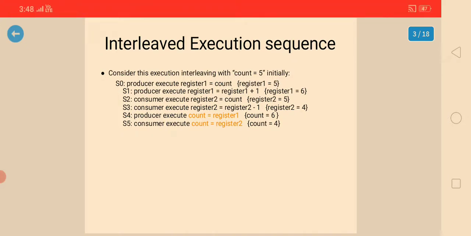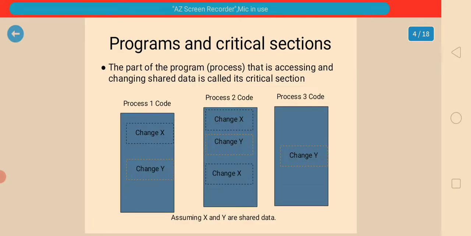S4: producer executes count = register1, so count is 6, and S5: consumer executes count = register2, so count becomes 4. This is how the variables hold values and interchange them between processes.